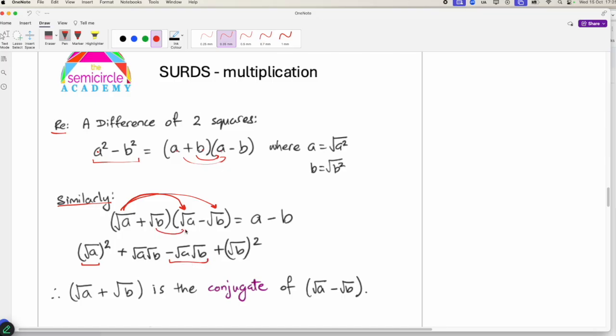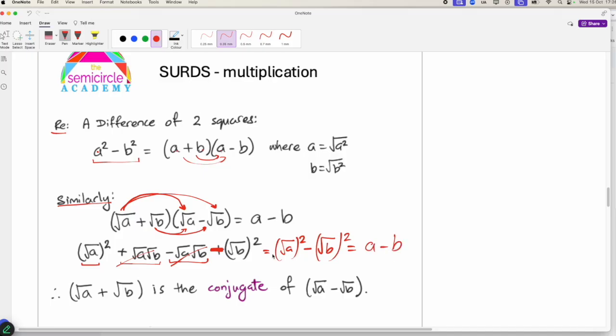Root b times root a will give us plus root a root b. And root b times minus root b will give us minus root b squared. And so you'll see that this will cancel with this, and so we'll end up with root a squared minus root b squared, which ends up just giving us a minus b.